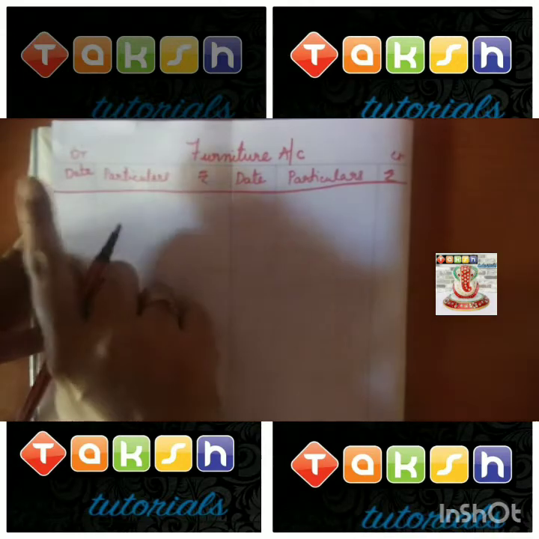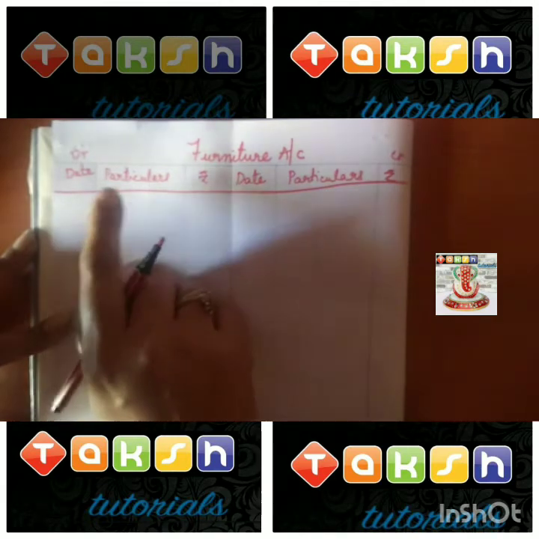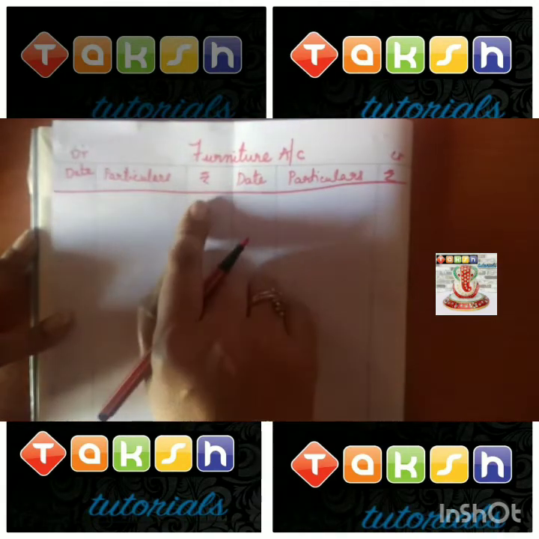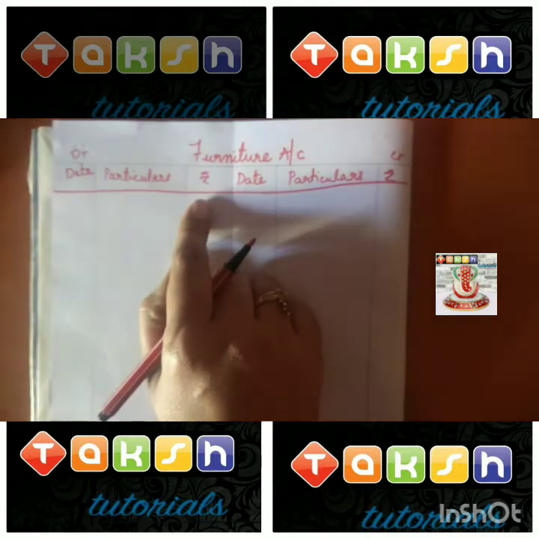Okay, now on the debit side, we have to write 1/4/2009 to bank account 60,000, because on 1/4/2009 furniture was purchased and the amount was 60,000.